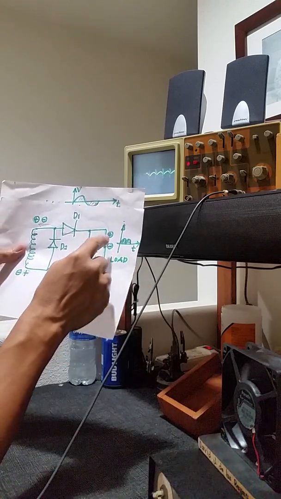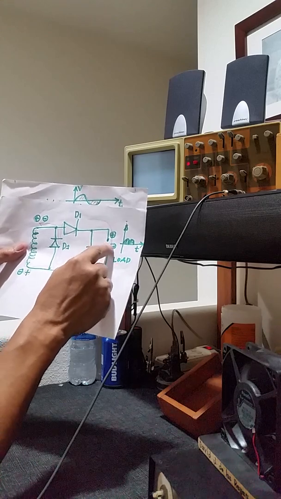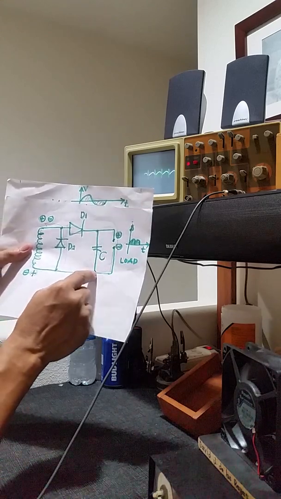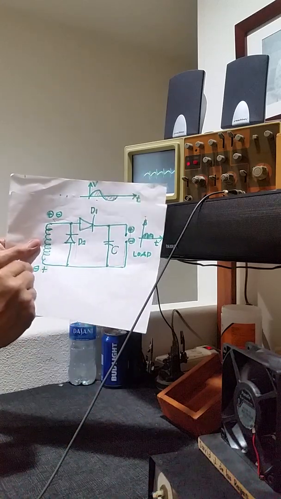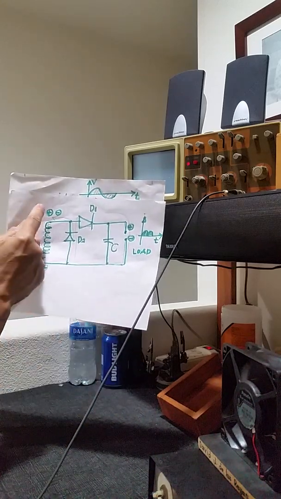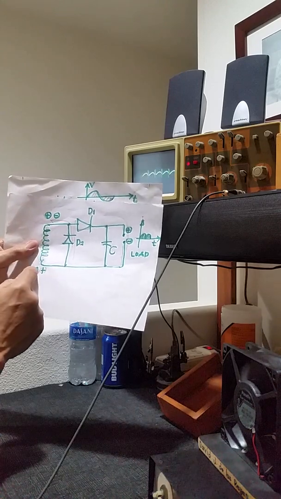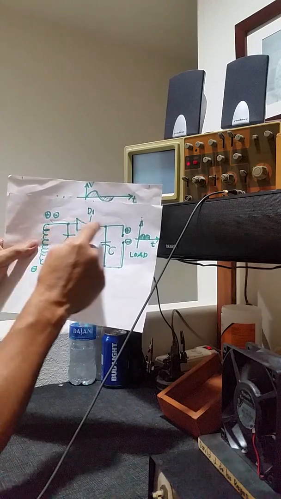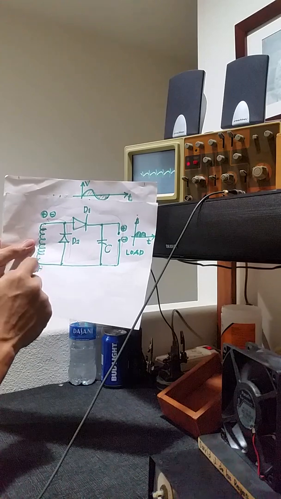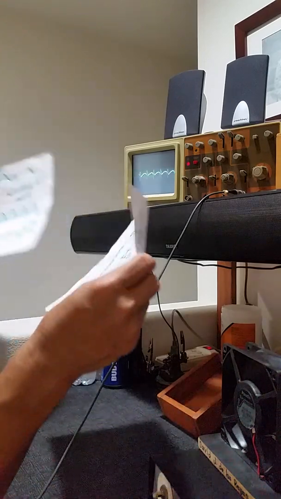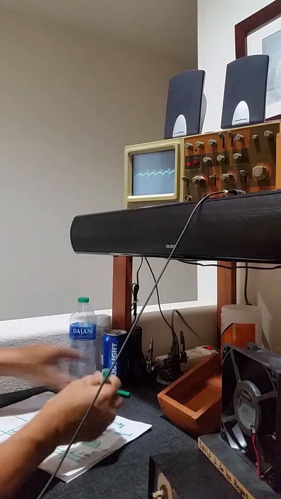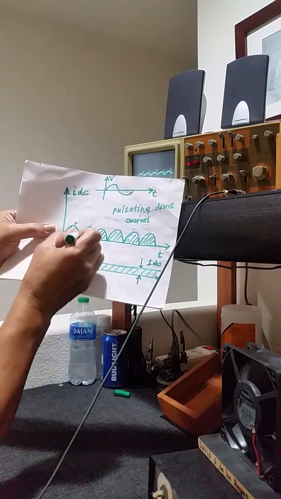Then it will go to the negative terminal, it will go back here, it will pass here, then return on this side here. Meaning that when this is plus, this should be minus. The flow of the current is something like this, and at that time, the output current is this one.